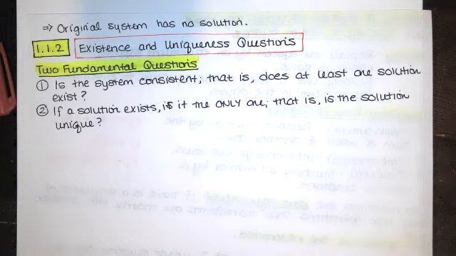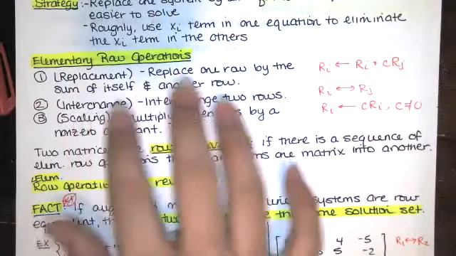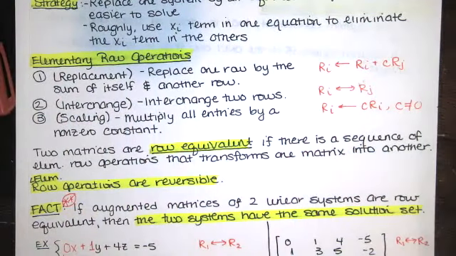Now, last time we were practicing with our elementary row operations. We know that we can replace a row by that row plus a constant times a different row. We can interchange 2 rows in an augmented matrix that corresponds to a particular linear system, or we can take any row and multiply it by a constant.